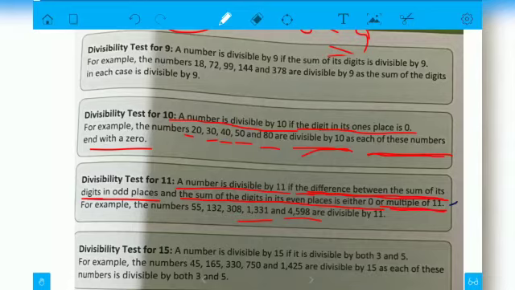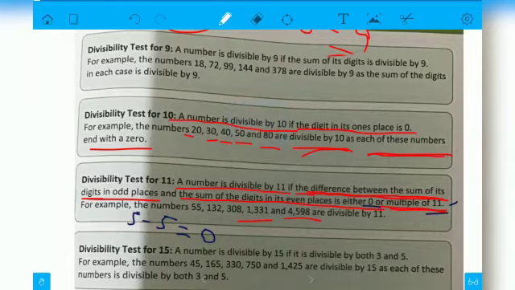The first digit is 5, which is considered an odd placed digit, and the second digit is also 5, which is considered an even placed digit. When we take the difference, 5 minus 5 equals 0. It means the number is divisible by 11, because if it comes to 0 or a multiple of 11, it will be divisible by 11.